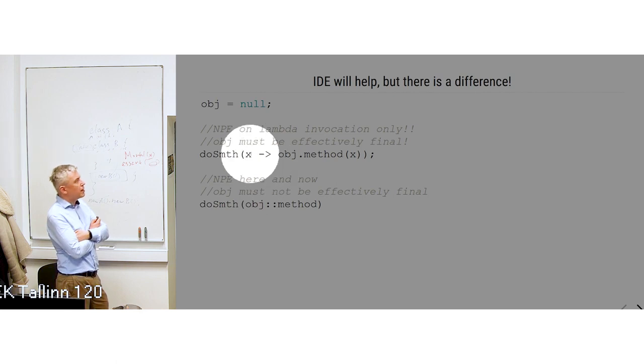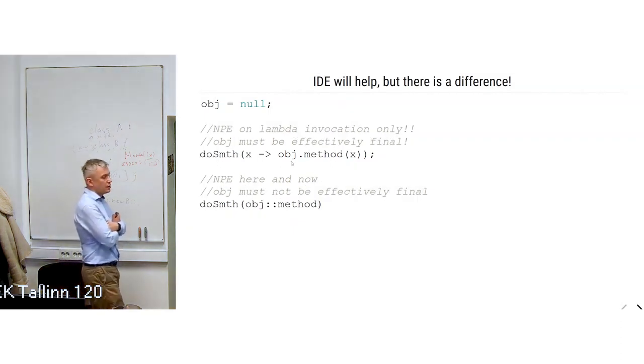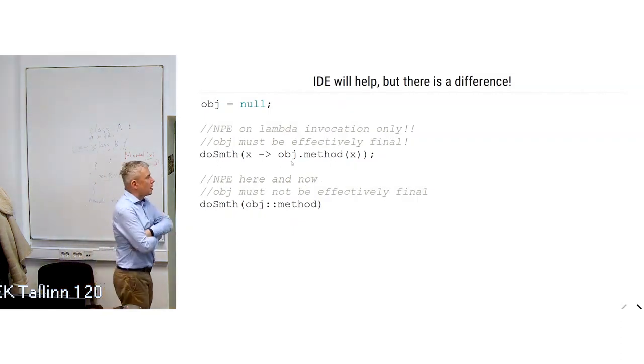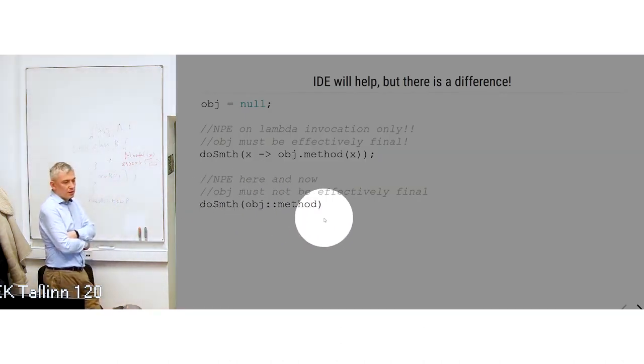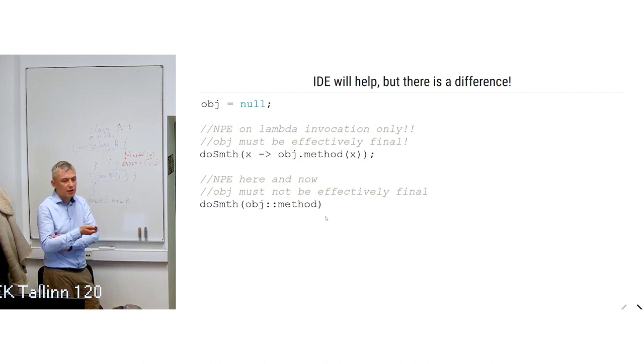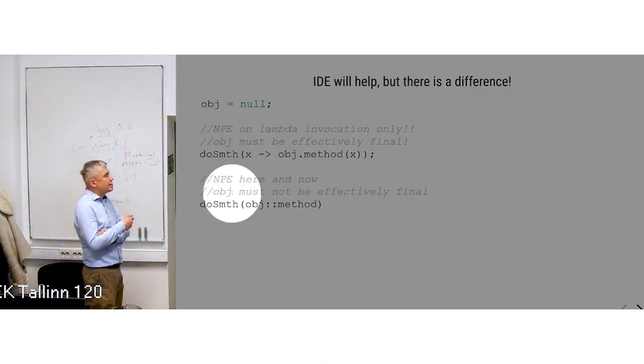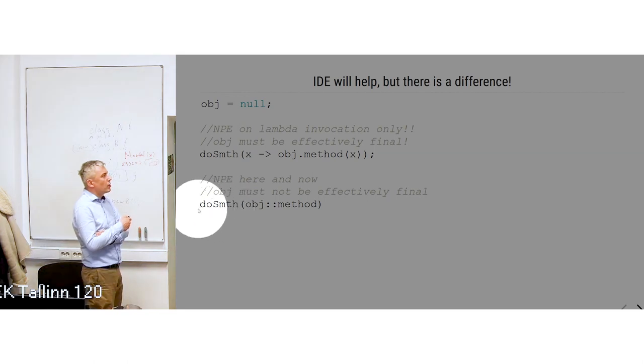When we invoke the lambda, the Java virtual machine will find that the object is null, and an NPE will be thrown. If we use object double colon method as a method reference on our object, then the null pointer exception will be thrown when we're calling doSomething.